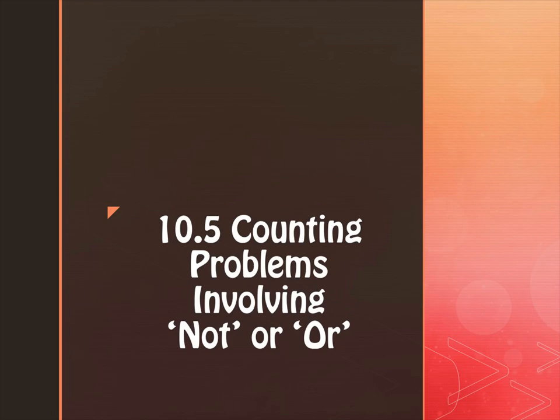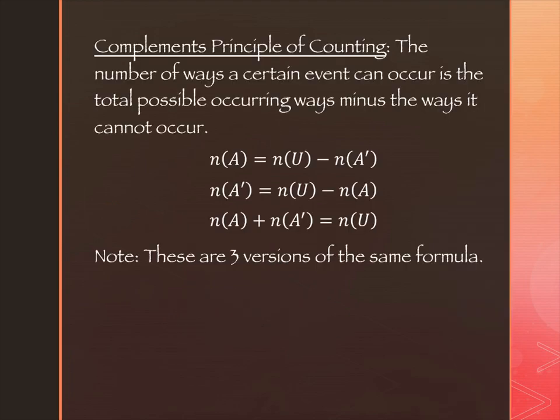All right, so not problems are going to use what's called the complements principle of counting. We've actually seen this formula before with different context. We saw it back when we did Venn diagrams in chapter 2.